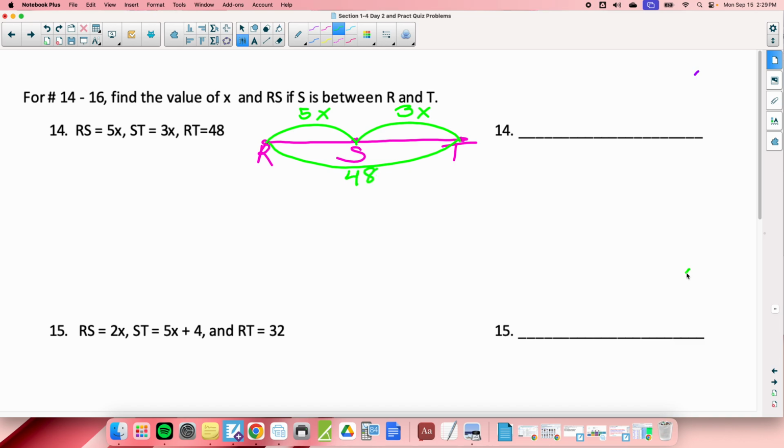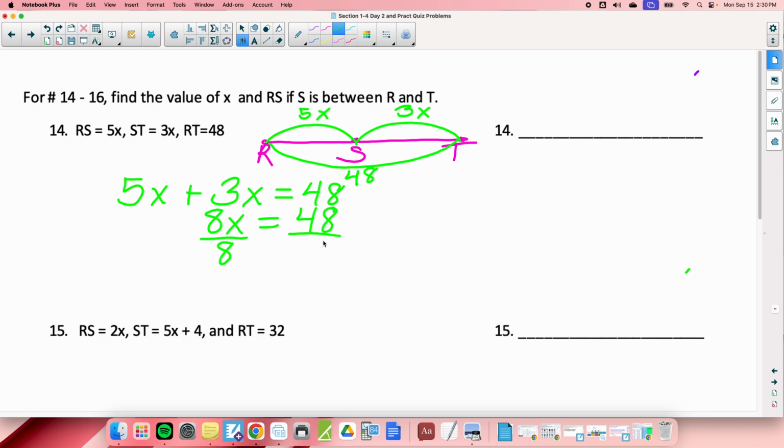Do you guys get how I would do that problem then? Anyone see what I would do? What would I do with those two? Add them, and then equals 48. Very good. Add those and then divide. So I would go 5x plus 3x equals 48. What's 5x plus 3x? 8x equals 48.